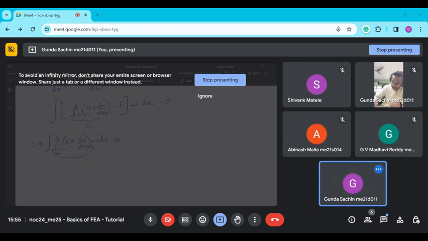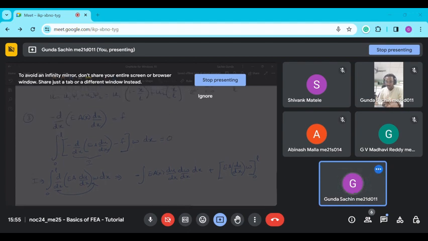This derivative will shift to this one. It will become EA of x du by dx dw by dx, and there will be a minus, and then the second term would be a boundary term, and then it's 0 to L. Here we are integrating over one element.